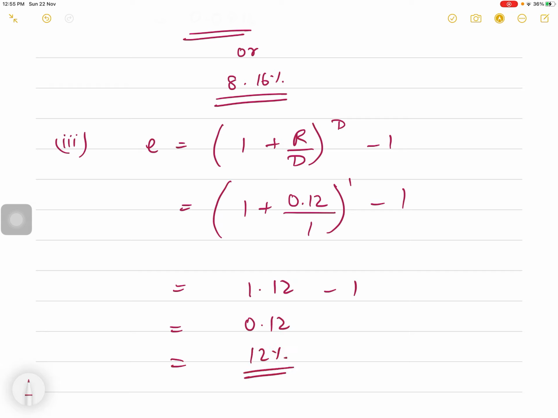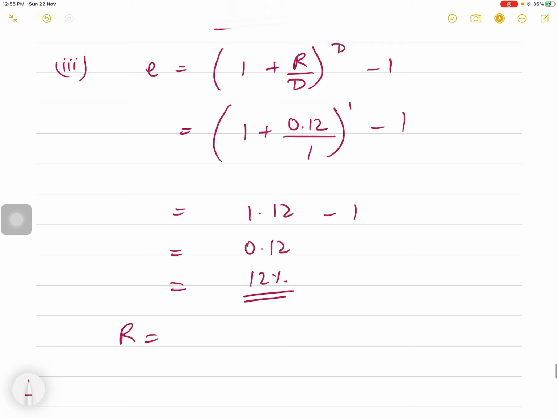So in this case, when interest is compounded annually, the rate of interest is equal to the effective rate of interest. So rate of interest is also 12%, effective rate of interest is also 12% when interest is compounded annually. Okay.